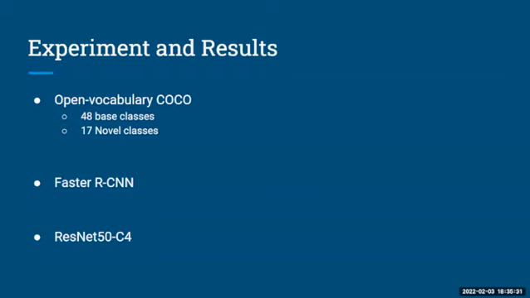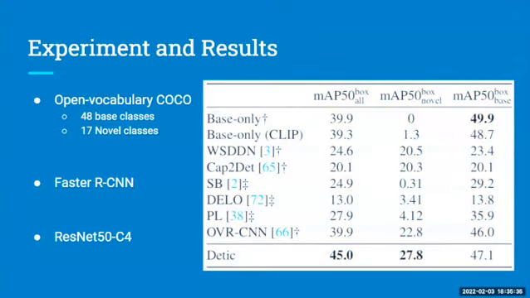So it was trained with a Faster R-CNN detector with a ResNet 50 C4 backbone. Following OVR-CNN, they also use COCO captions as image supervised data, and they convert captions into image labels and use both image labels and captions as supervision. As you can see, OVR-CNN performs the best among the prior methods with 39.9 mAP on all the classes, 22.8 on novel classes, and 46.0 on the base classes, which are the common classes.